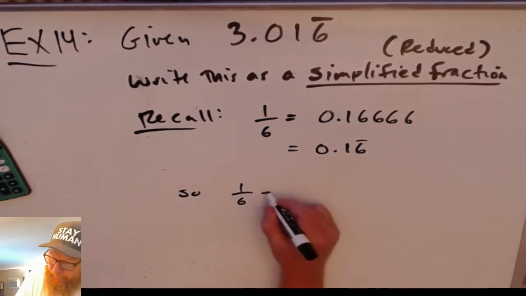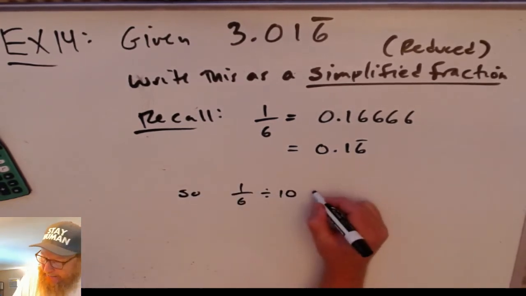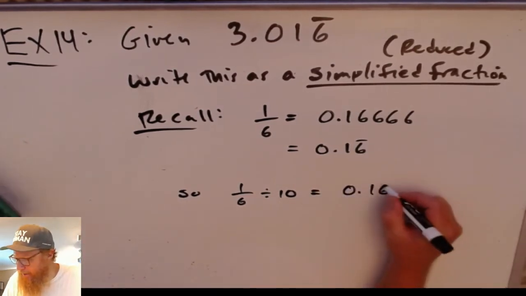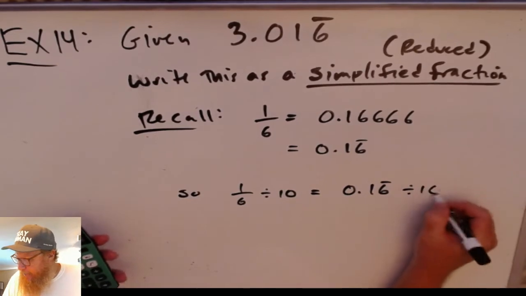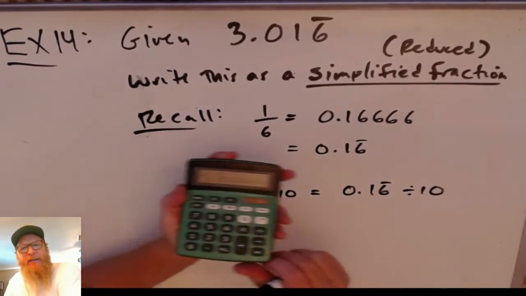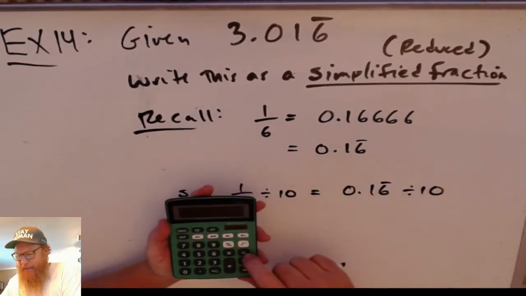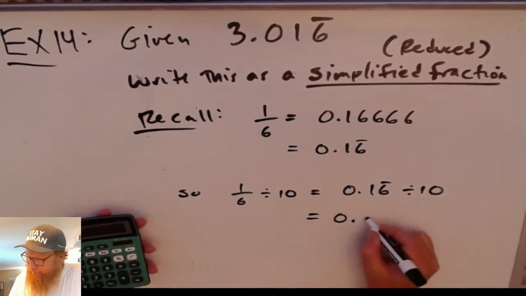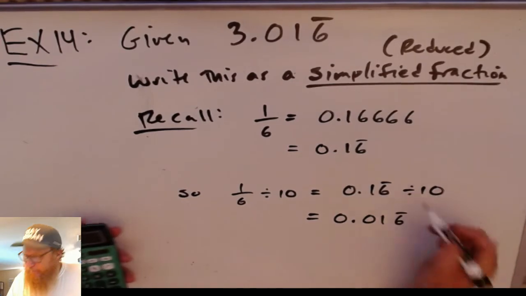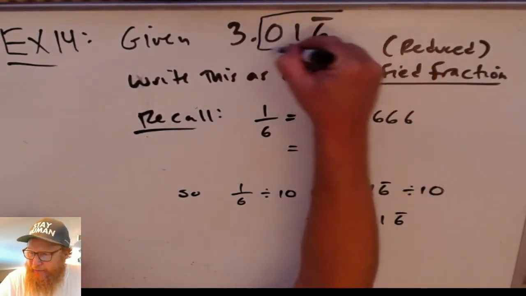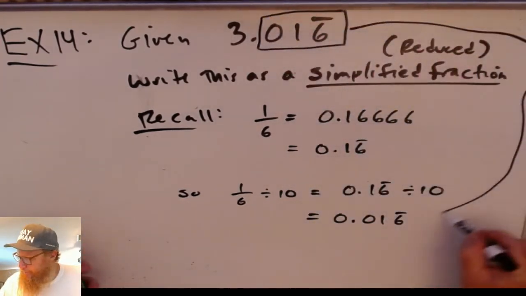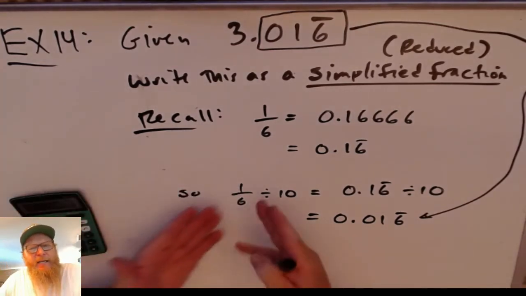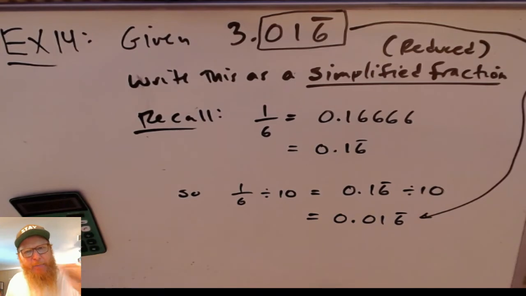So if we divide it by 10, we get 0.16 divided by 10. So now take your calculator and divide it by 10, and look what happens. You get this. So you're sort of constructing the answer piece by piece.